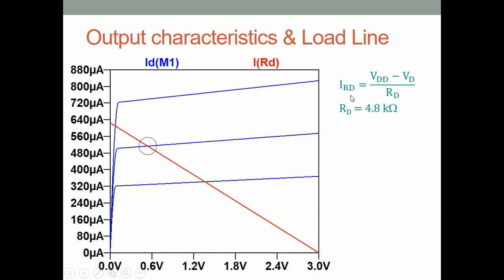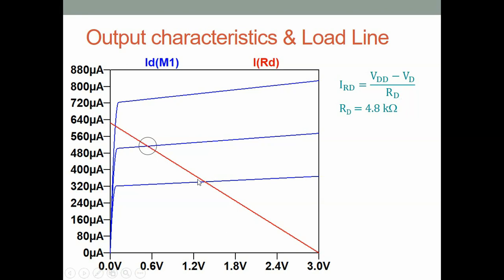What we are plotting here is the current IRD on the y-axis and VD on the x-axis, so that we get IRD versus VD a straight line with a negative slope. The slope is minus 1 by RD. You've all seen this before. The intersection of the red line and the blue line gives us the DC operating point.